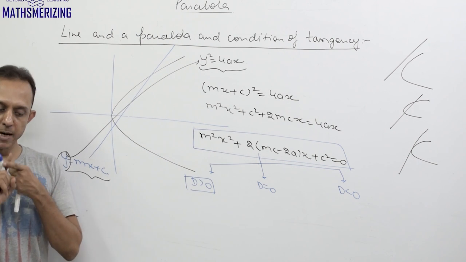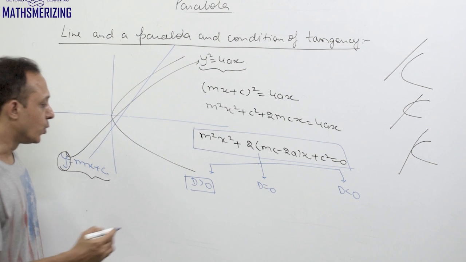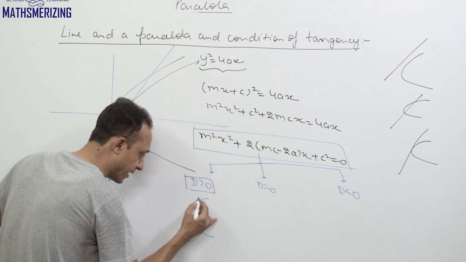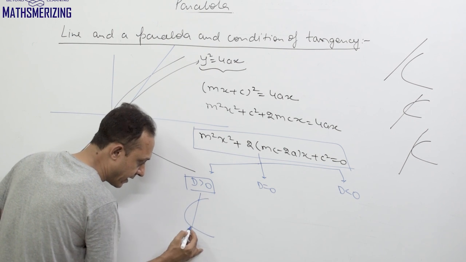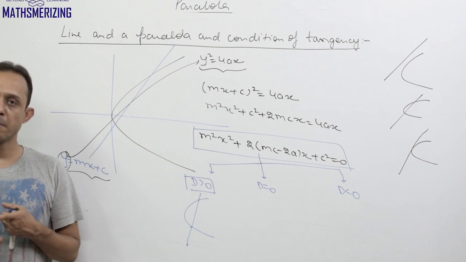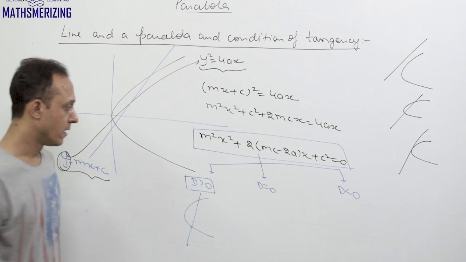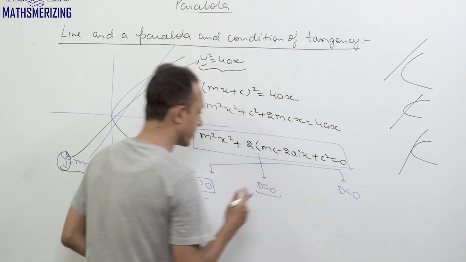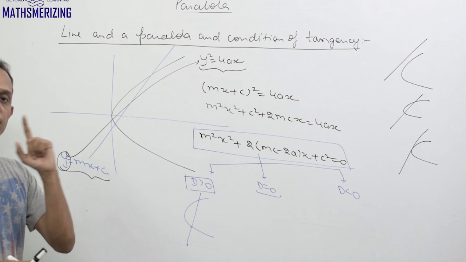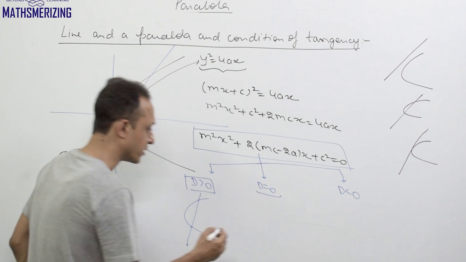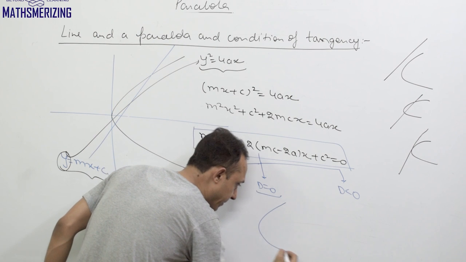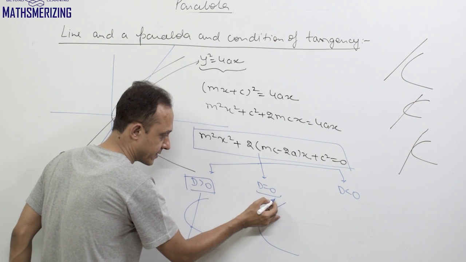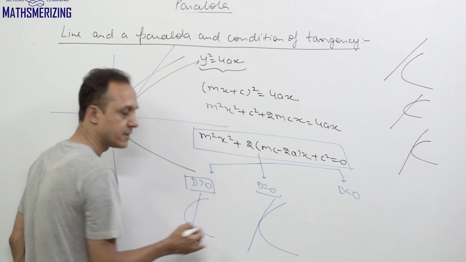So that means this parabola and line will intersect at two distinct points. In this case, the parabola and line intersect to form a chord. Now when d is equal to 0, that simply means there is only one point of intersection. If there is only one point of intersection, then it clearly means this parabola and this line will touch each other.